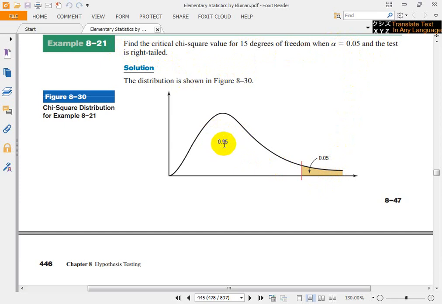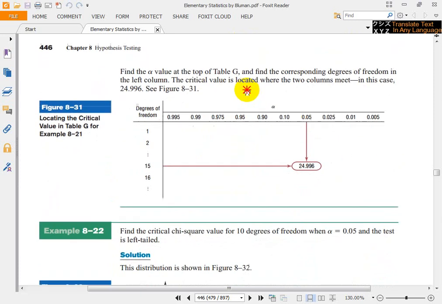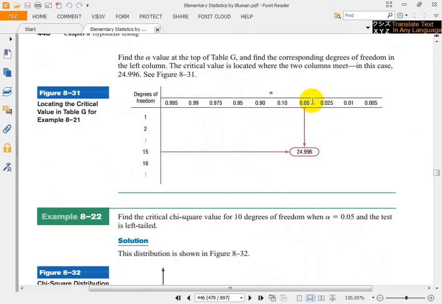So 0.9500 is in the non-critical region, alpha is 0.05 and degrees of freedom is 15. To find it, we find the alpha value at the top and the corresponding degrees of freedom in the left column, that is 15, and the critical value is located where the two columns meet, in this case 24.996.